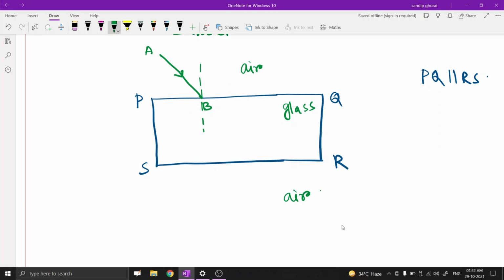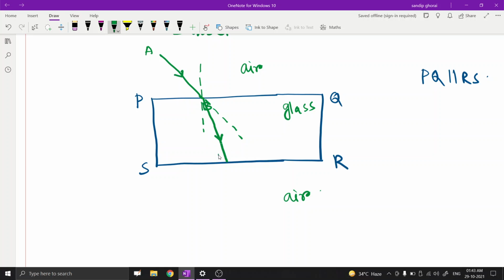After refraction, light bends towards the normal because light travels from rarer to denser medium. That is why the incident ray bends towards the normal, and we get the BC ray.